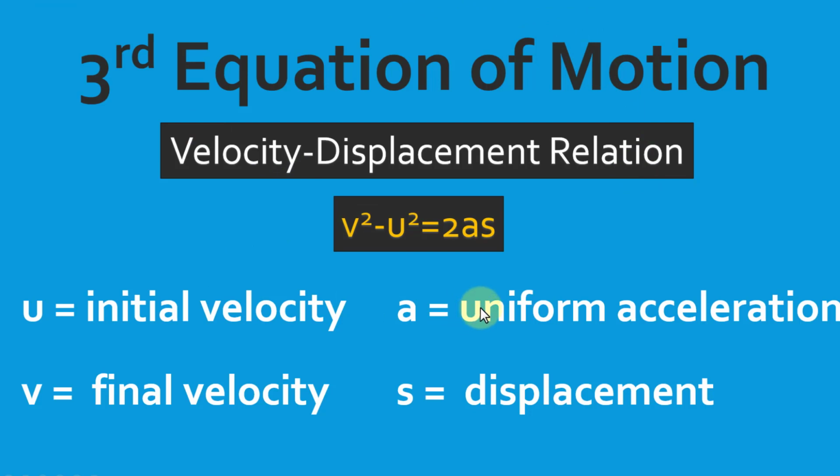You have to remember, whenever a body moves with uniform acceleration, then only you can apply these three equations of motion. So this thing is important to remember. Next is S. S stands for displacement. Now V square minus U square equal to 2AS: final velocity, initial velocity, acceleration, uniform acceleration, and S stands for displacement.